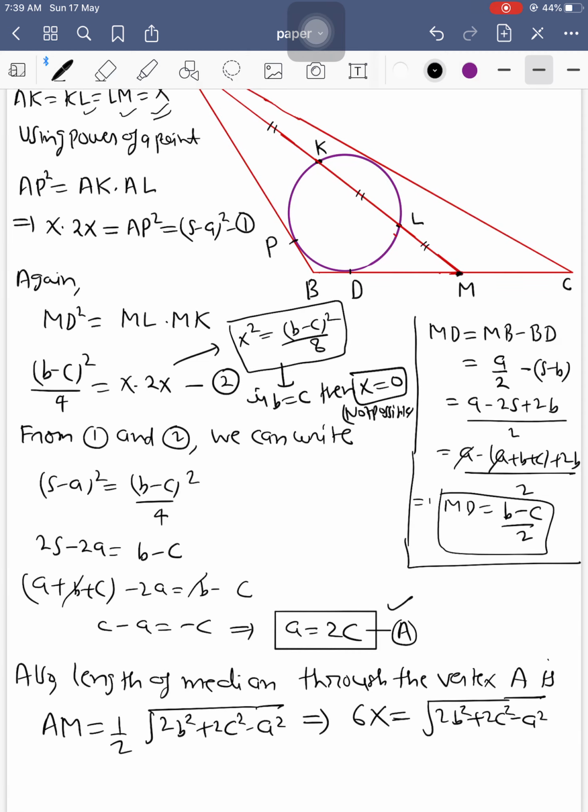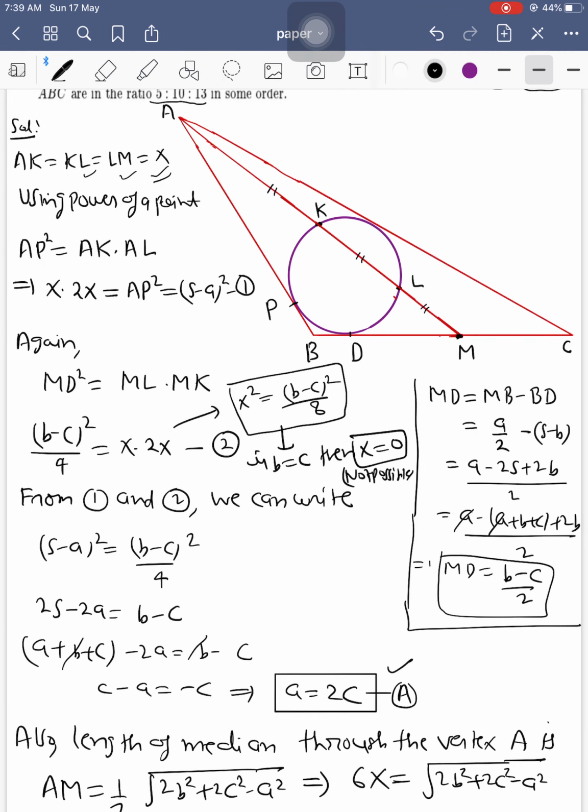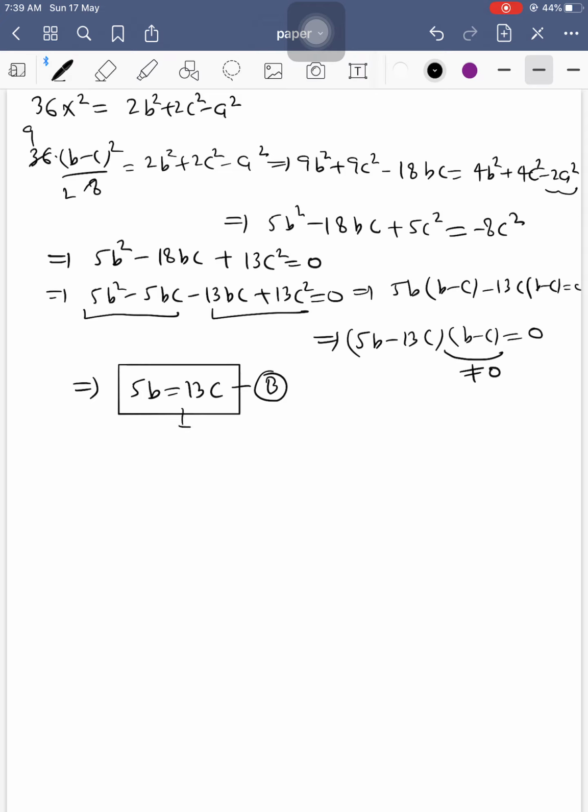Therefore, we have to connect equation A and B. From equation A, we can write C equals A by 2. And from equation B, we can write C equals 5B upon 13. Therefore, connecting these two relations, we can write A equals C by 2 equals 5B by 13.